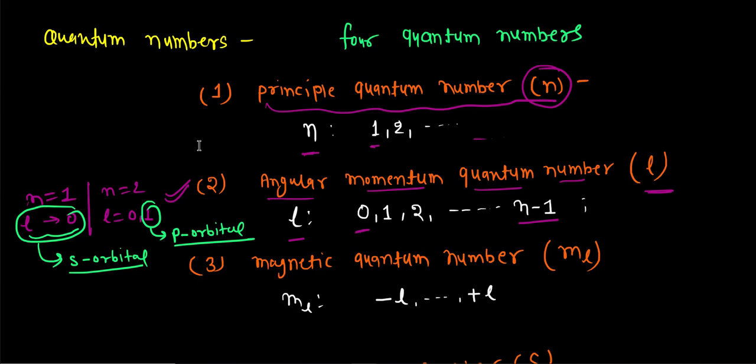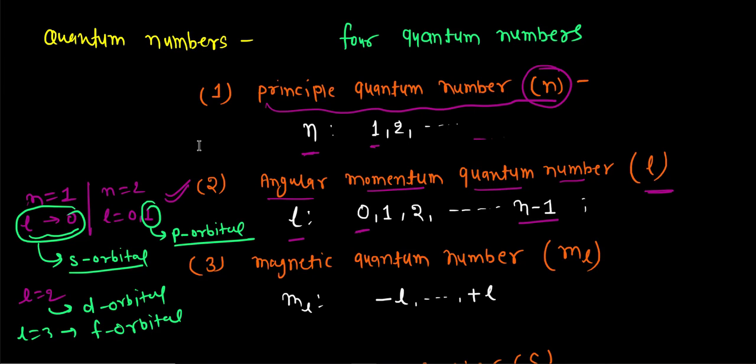For L is equal to 2, let me write it, we describe it as d orbital. Okay, and similarly for L is equal to 3, we call it f orbital. Okay, so in this manner it keeps on going.